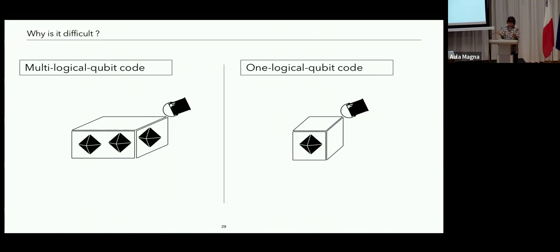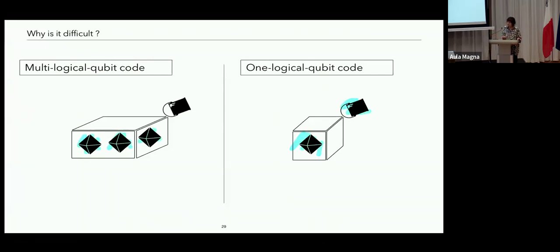Now, doing a transversal operation, you can think of it like taking a bucket of paint and putting it in the box. What happens, of course, is that if your box has 1 qubit inside, you're going to color that qubit with that color. But if you just throw a bucket of paint in a box with a lot of qubits in it, they're all going to be colored with the same color.